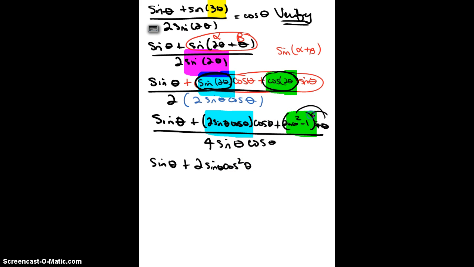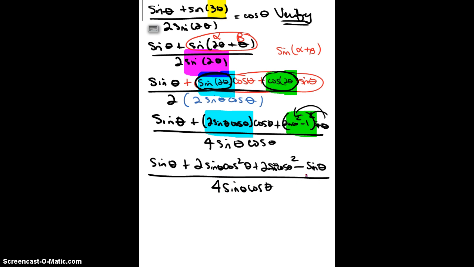This I end up distributing the sine, so I get plus 2 sine cosine squared, and again I lost my theta in there. All right, and then minus a sine of theta when I do the distributive property. So I'm just distributing that sine of theta to both of those. And then again, my denominator stays the same here, so not a big deal.